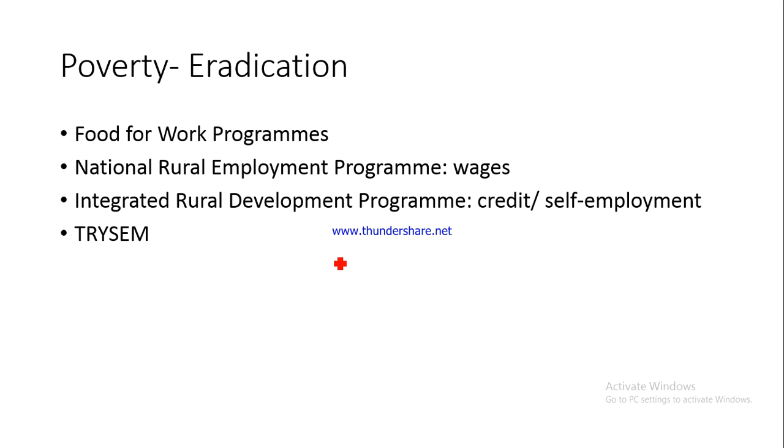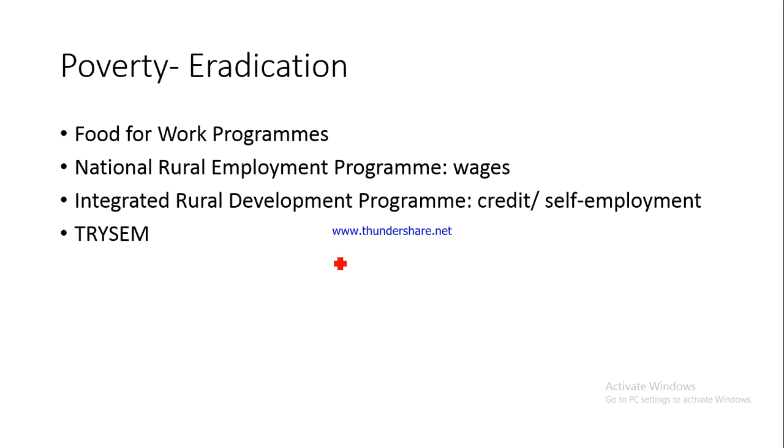And that was why TRISEM was conceived, training of rural youth for self-employment. As the name suggests, in this scheme the rural youth were provided training so that they can set up their own enterprise. So the focus was also on training, on imparting skills. Once the skills are imparted, the youth can set up his own enterprise.